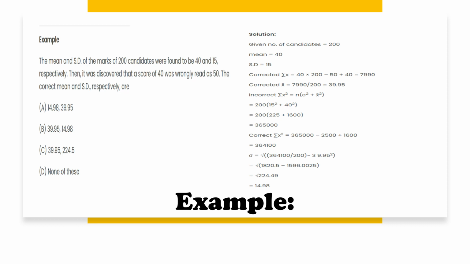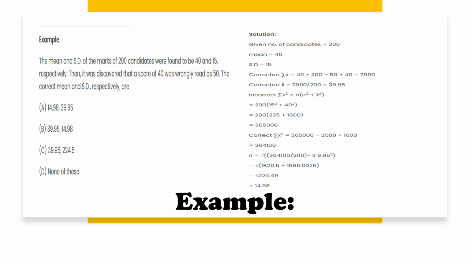The correct mean and SD respectively are: A, 14.98, 39.95; B, 39.95, 14.98; C, 39.95, 224.5; and D, none of these.